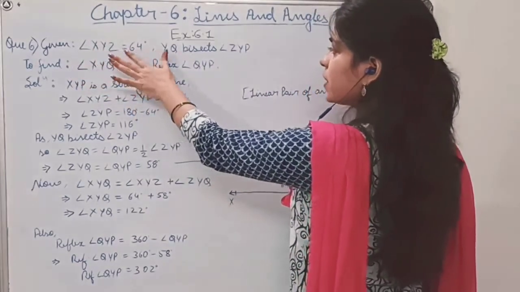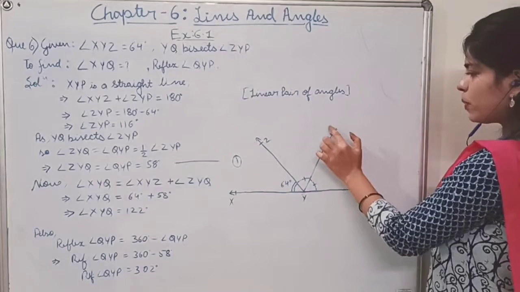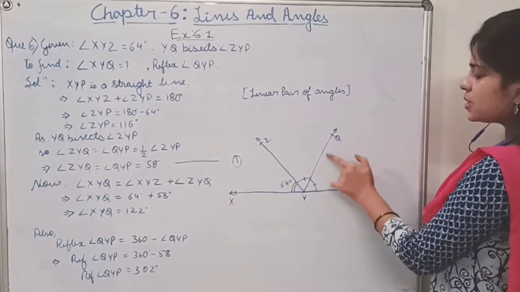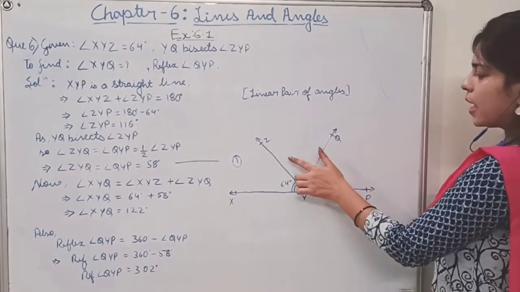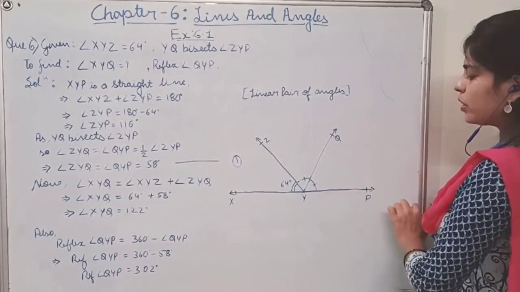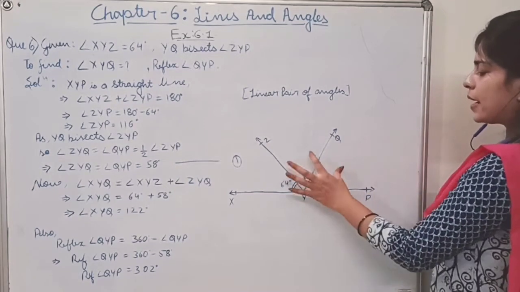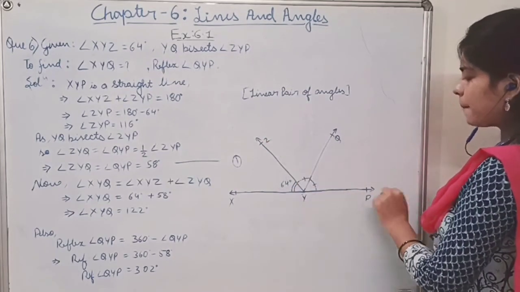Given is angle XYZ is 64 degrees and YQ bisects angle ZYP. YQ bisects angle ZYP, it means what? If this is the bisector of angle ZYP, then angle ZYQ will be equal to angle QYP, and these two angles will be half of angle ZYP.